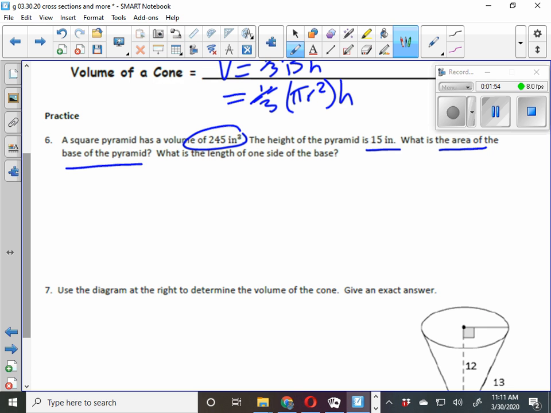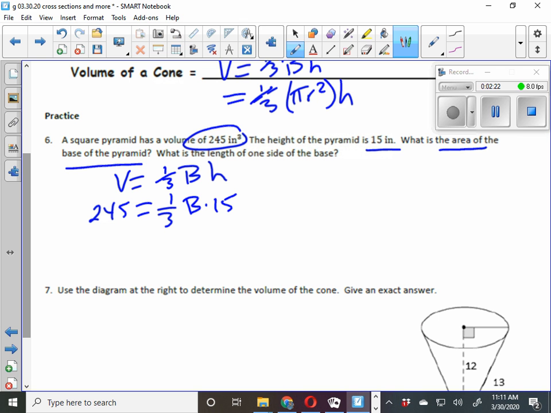Volume equals 1/3 area of the base times the height. We now know that the volume is 245. Plug in appropriate numbers. 1/3. We're trying to find the area of the base times the height, which is 15 inches.